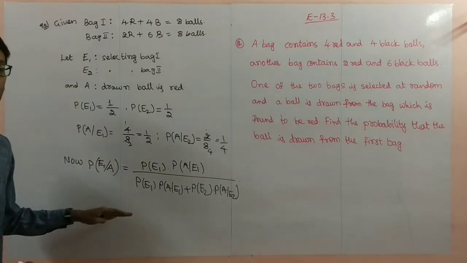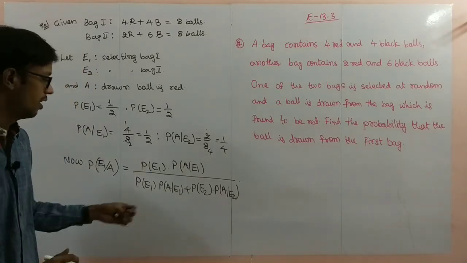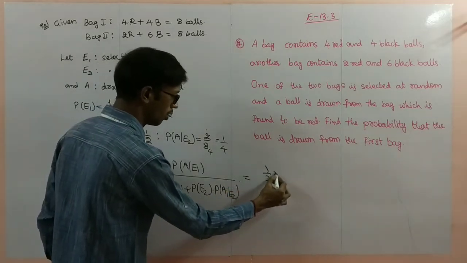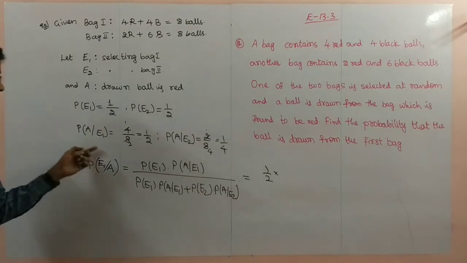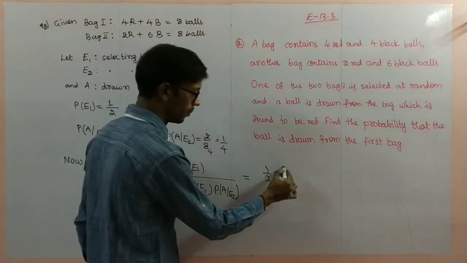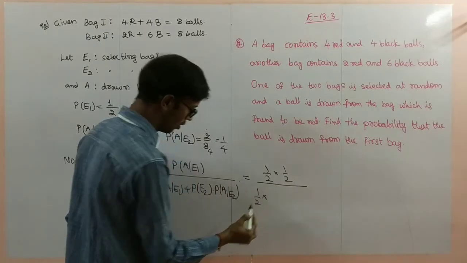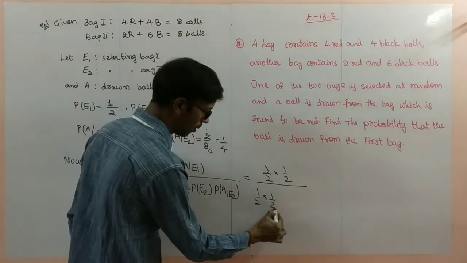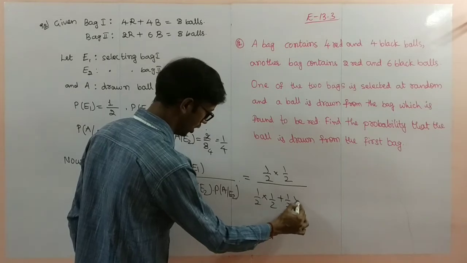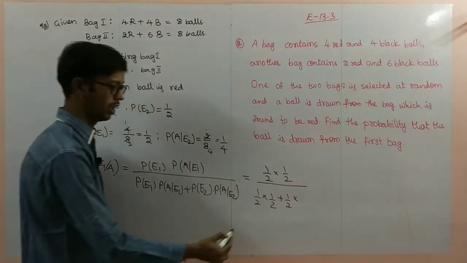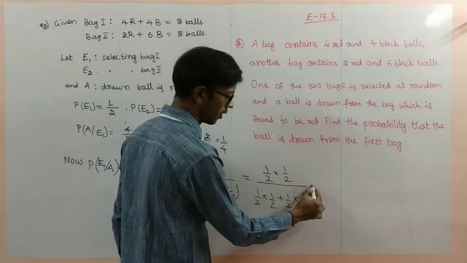Next, substitute the values. P of E1 is 1 by 2 into P of A by E1, also 1 by 2, divided by 1 by 2 into 1 by 2 plus 1 by 2 into P of A by E2. P of A by E2 is 1 by 4.